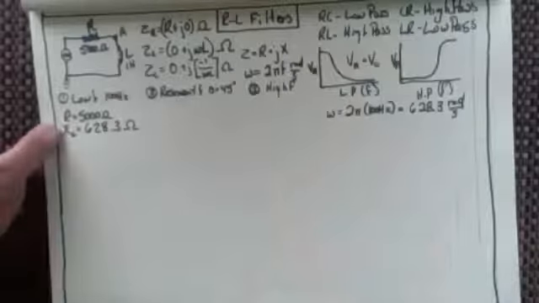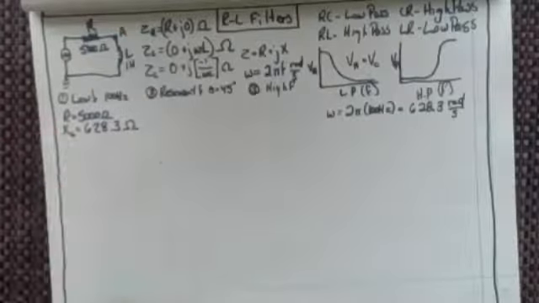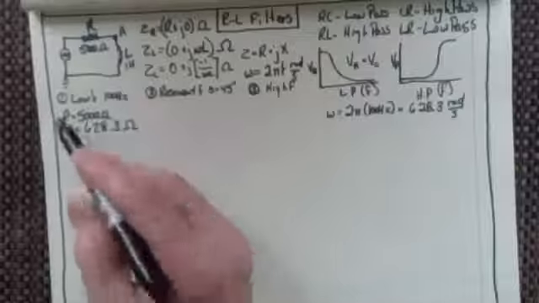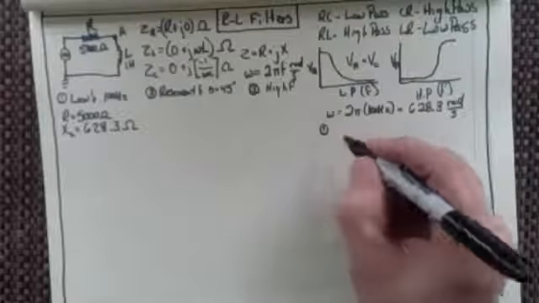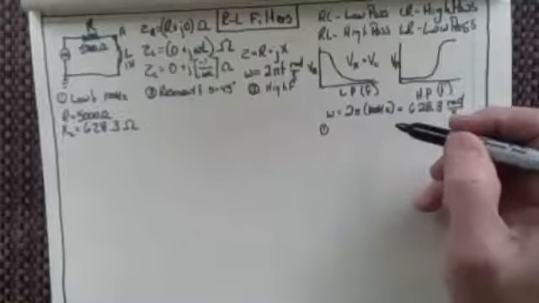If anybody doesn't remember how I got that, flip back 15, 20 seconds. You can see that's quite different, R and L. I'm going to put this here and do some calculations over here where you can see them.